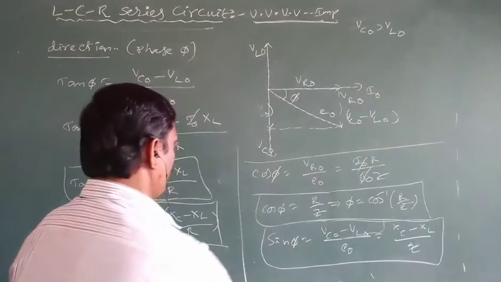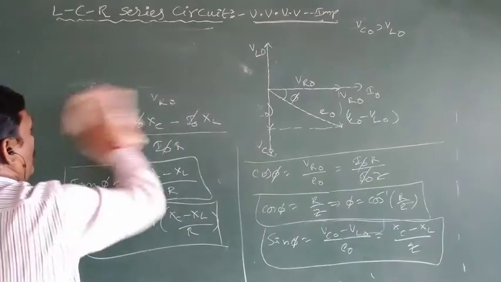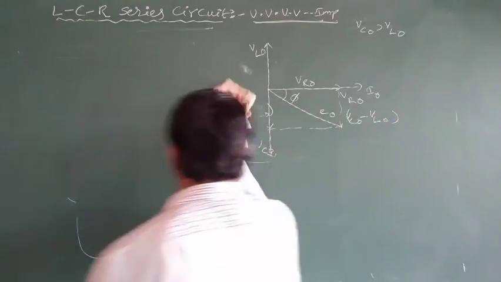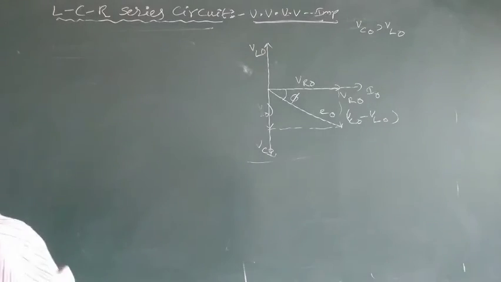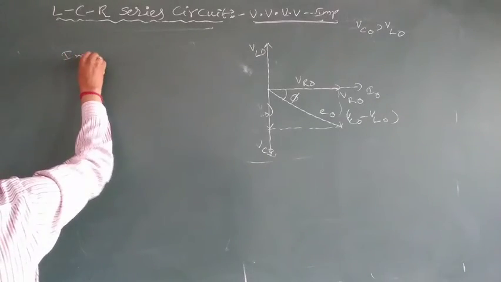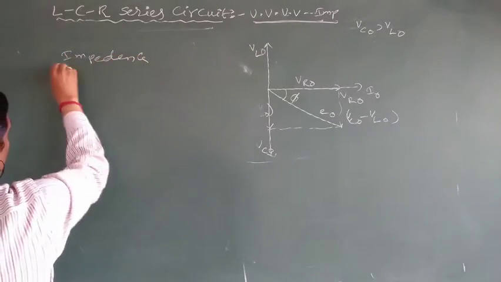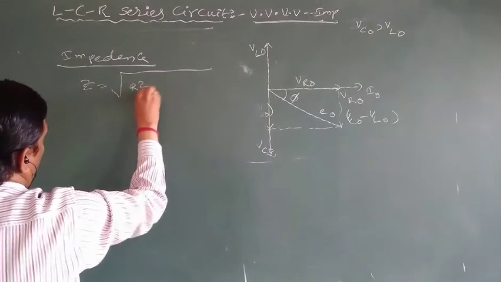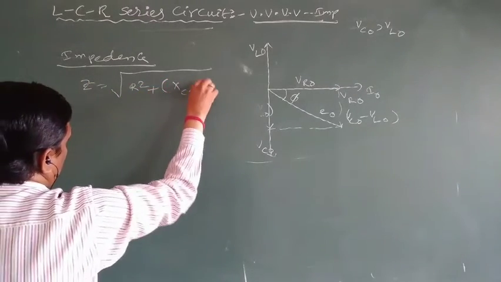So what are the conclusions from this entire derivation? The impedance of the circuit is Z equal to square root of R square plus (XC minus XL) whole square.